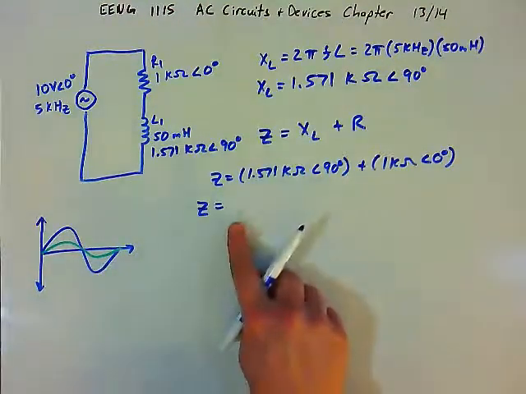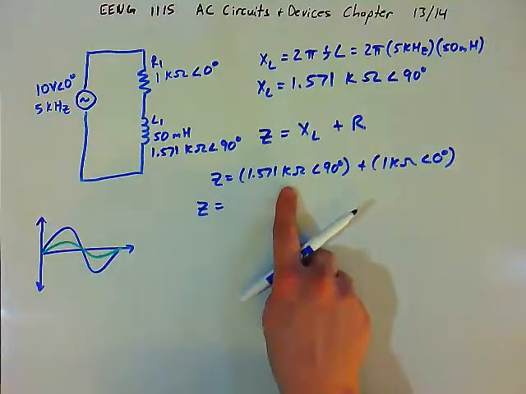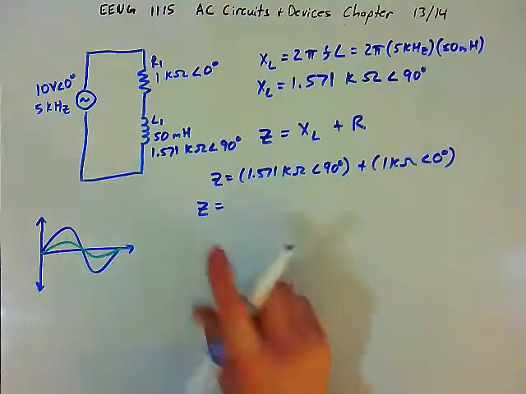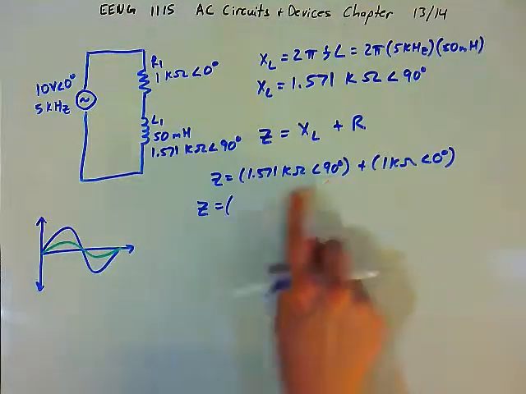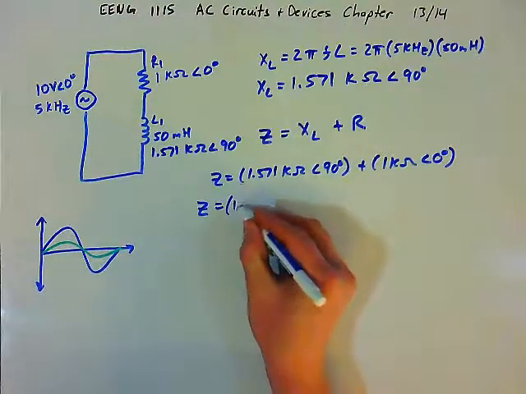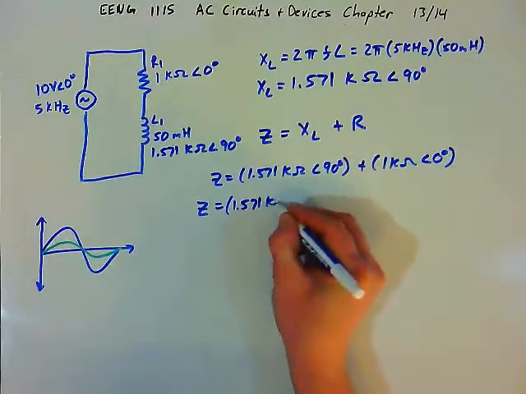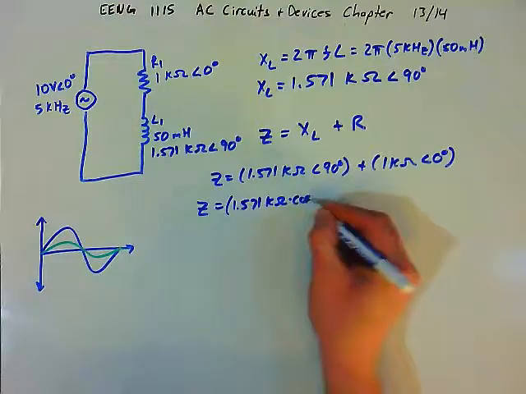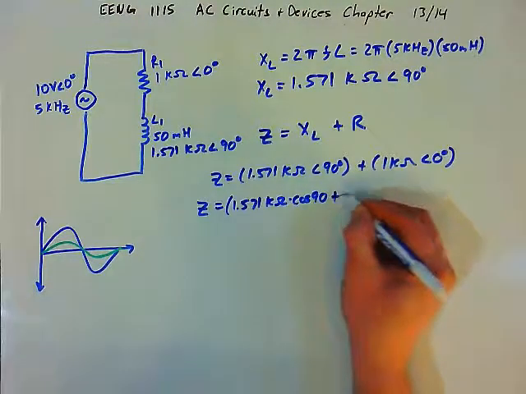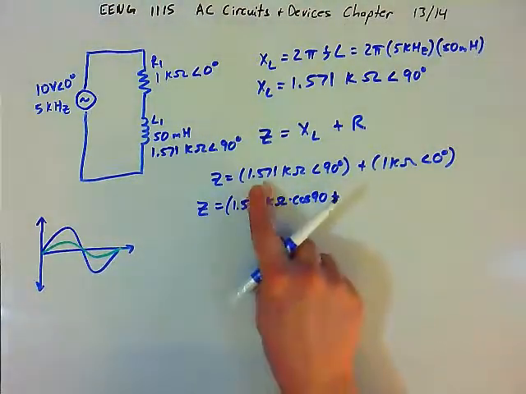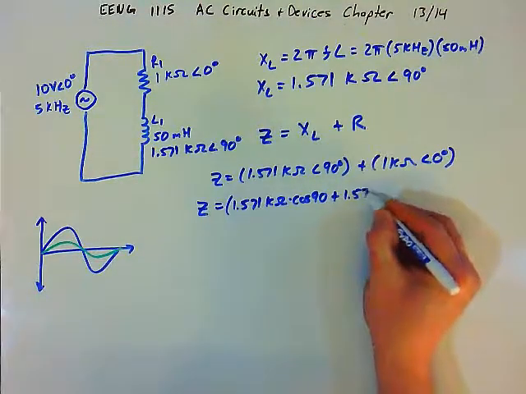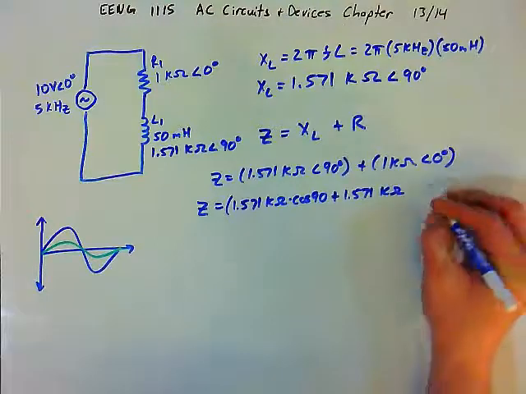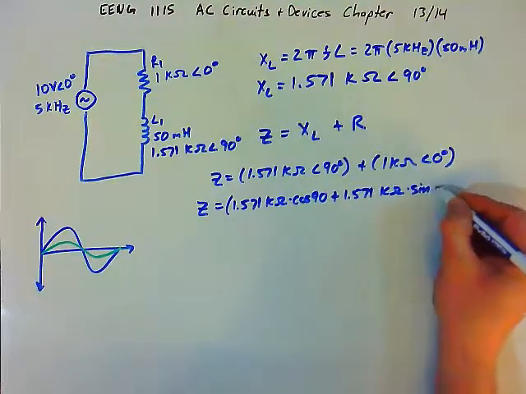So the total impedance of the circuit is, I need this to be in rectangular form first. The X component is always going to be the magnitude times the cosine of the angle. So the X component is 1.571 kilo ohms times the cosine of 90 degrees. The Y component is going to be the magnitude times the sine of the angle. So it will be 1.571 kilo ohms times the sine of 90 degrees.